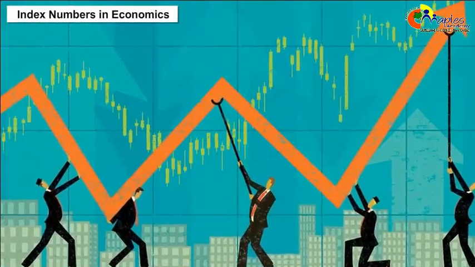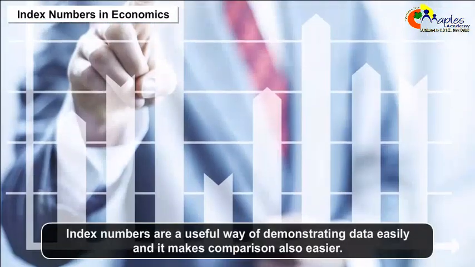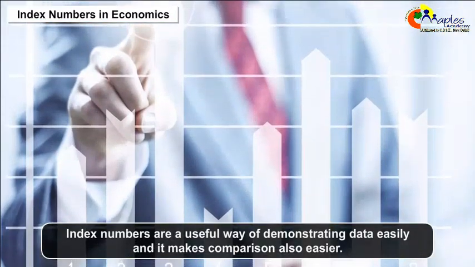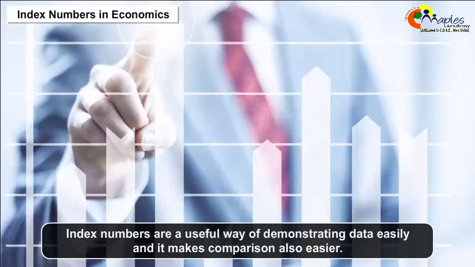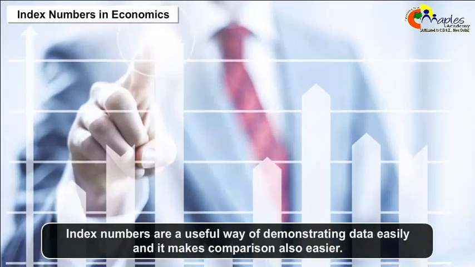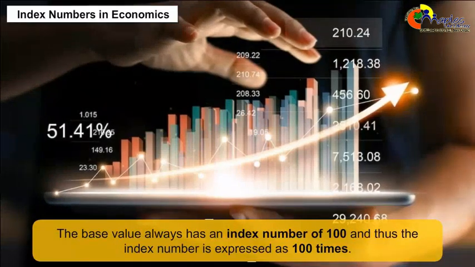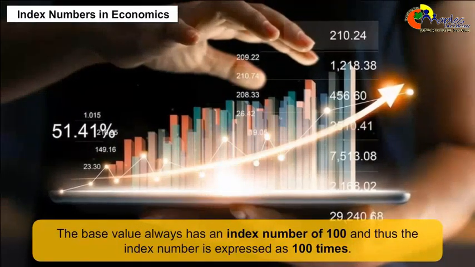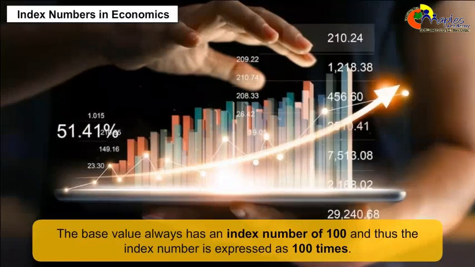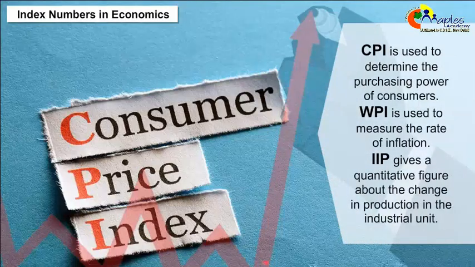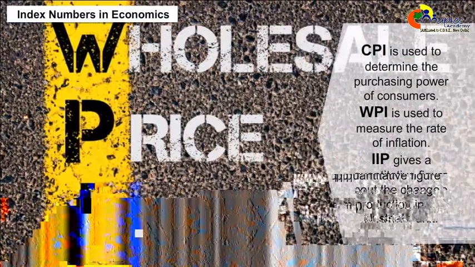Index numbers in economics. Index numbers are a useful way of demonstrating data easily, and they make comparison easier too. The base value always has an index number of 100, and thus the index number is expressed as 100 times. CPI is used to determine the purchasing power of consumers.